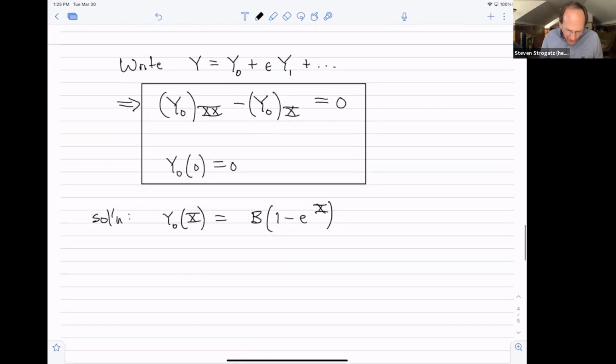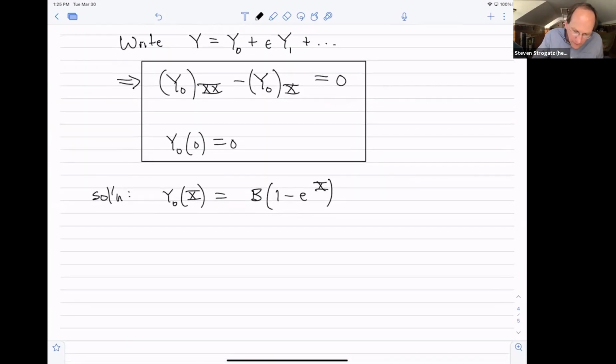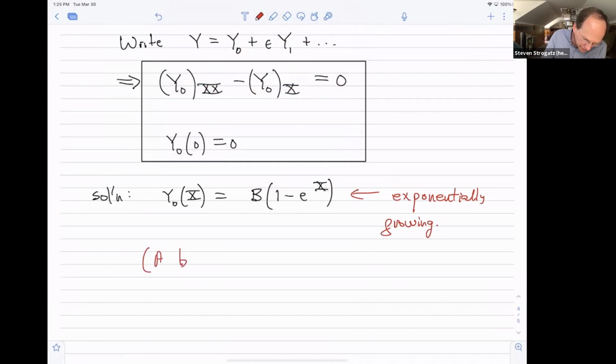All right, so there's the B, and the B is to be determined by matching, but now we get into trouble. This is already very suspicious, right? This is exponentially growing away from X equals 0, where we thought the boundary layer was. That's a sign of trouble. So as I mentioned earlier, this is a bad sign when this happens, because solutions usually decay.